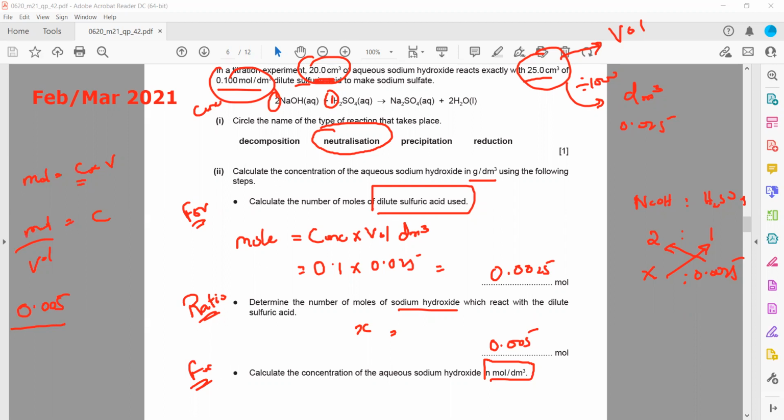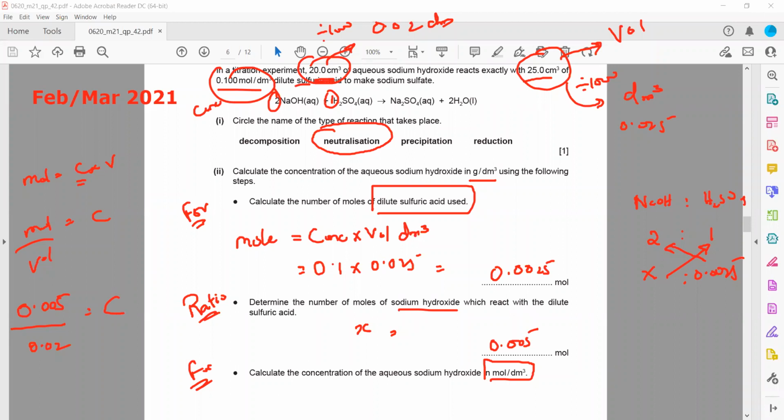Whenever we use a volume, it is always in dm³, so we convert 20 cm³ by dividing by 1000, which gives 0.02 dm³. So 0.005 divided by 0.02.